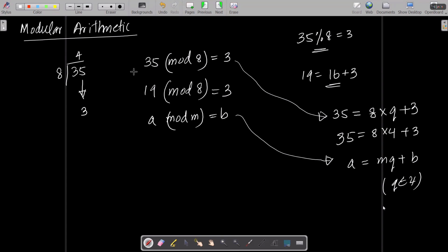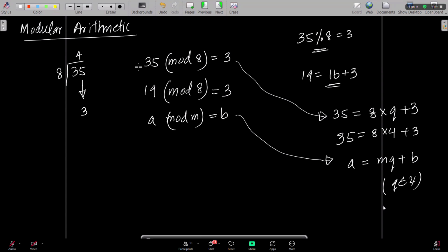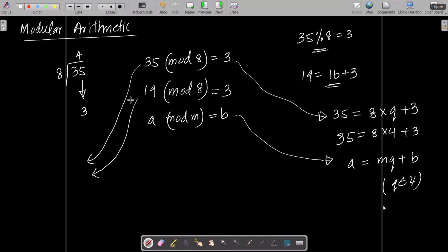And the next thing that I need to emphasize here is, if we take these two, you can see that both of these numbers, when we take mod 8, give the same answer. It means 35 and 19 have the same remainder when divided by 8. So we say these two are a congruent pair with respect to modulo 8. I will rephrase that.